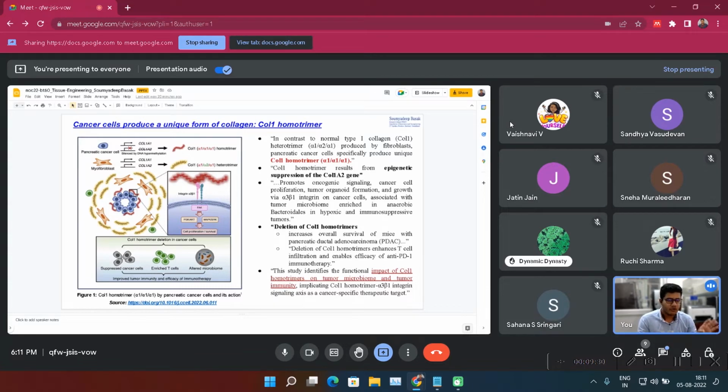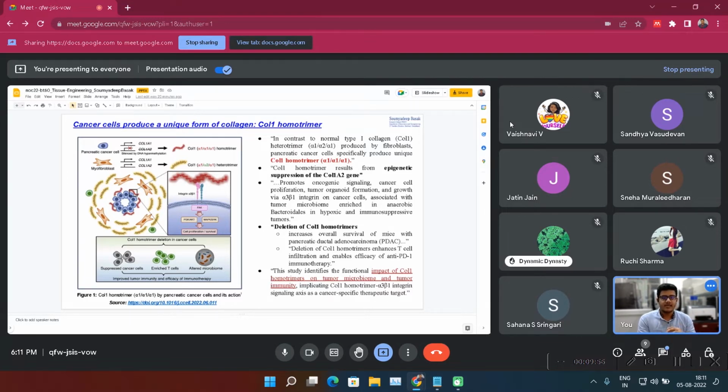They have also found that the microbiome in the ECM, the microbiota found around the cancer cells, is also changing because of the formation of this collagen 1 homotrimeric form. They found that anaerobic microbiota, anaerobic bacteroidales, are being enriched in these cancer cells.